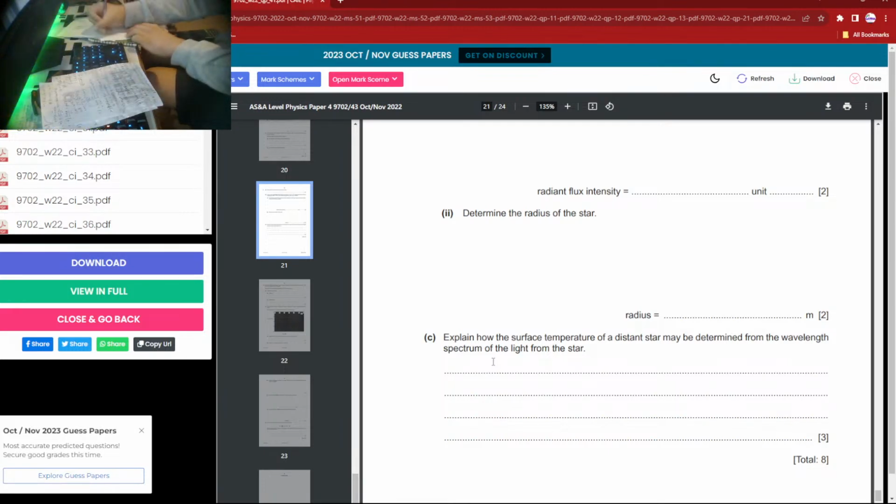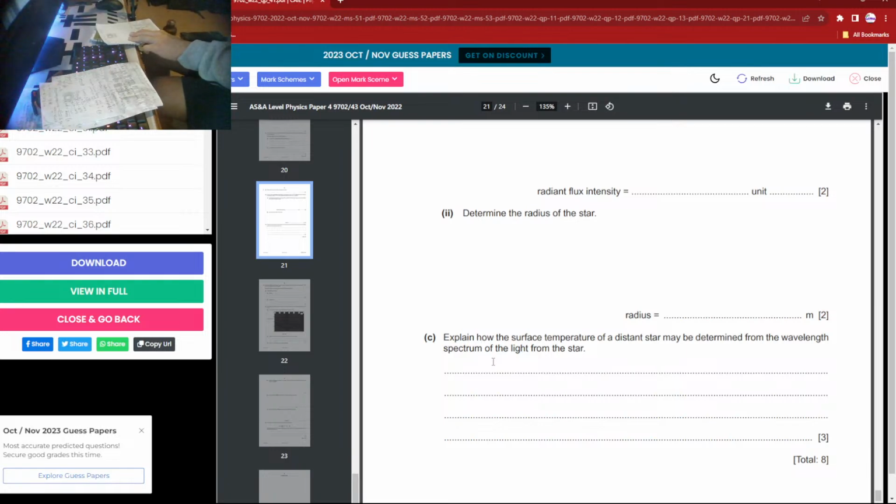This is 9C. Explain how the surface temperature of a distant star may be determined from the wavelength spectrum. So this is where you use Wien's displacement law. Lambda is inversely proportional to temperature. Is that it? Or is it T is inversely proportional to lambda?